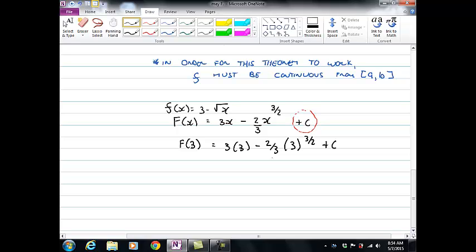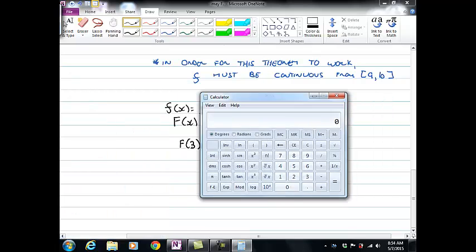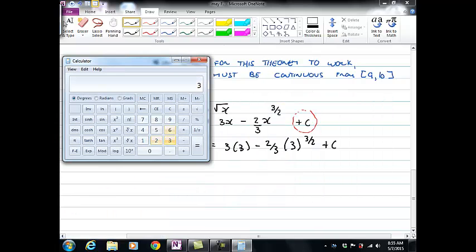Go. So grab your calculator out and let's do this. 3 to the power, where's my exponent button? I hate this calculator.